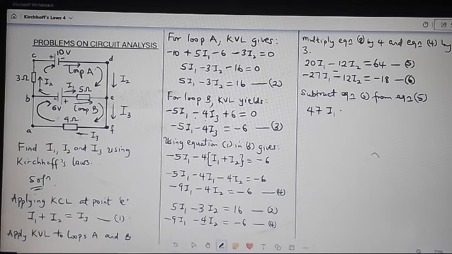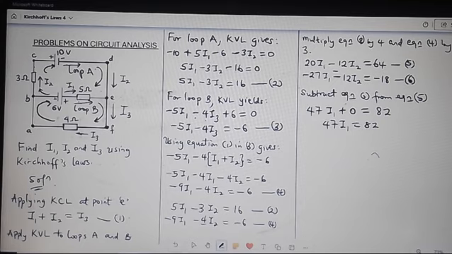So say plus 0 equal to 64 minus 18, which will give us 64 plus 18. That will amount to 82. So we ultimately have that 47 I1 is equal to 82.